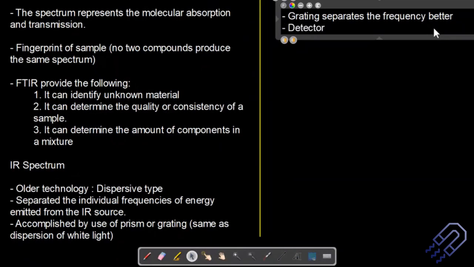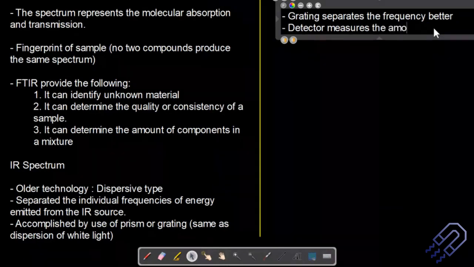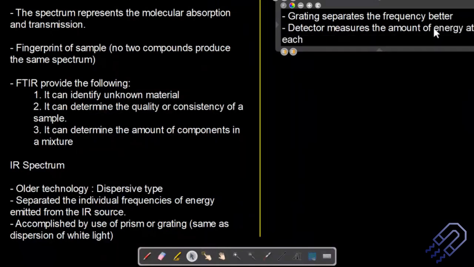Even if you are using something in the lab, maybe an optical bench to do some kind of optical experiment, you use a grating. Then the separated signals from the sample will reach the detector, and the detector measures the amount of energy. So how much energy has reached, it will measure at each frequency.